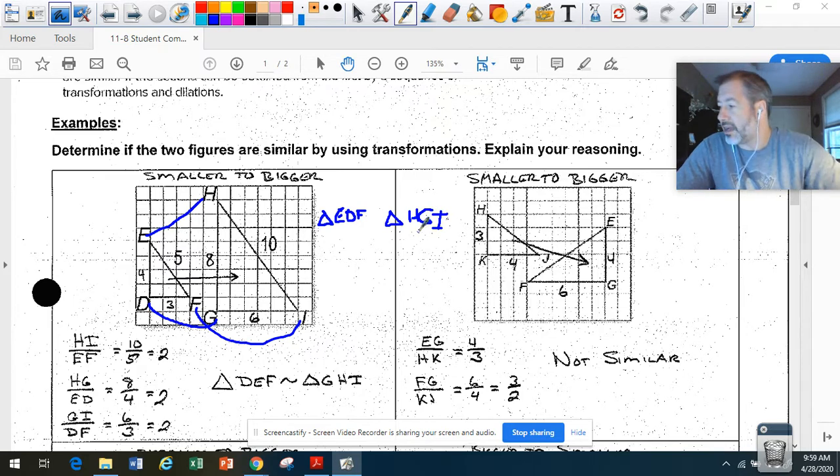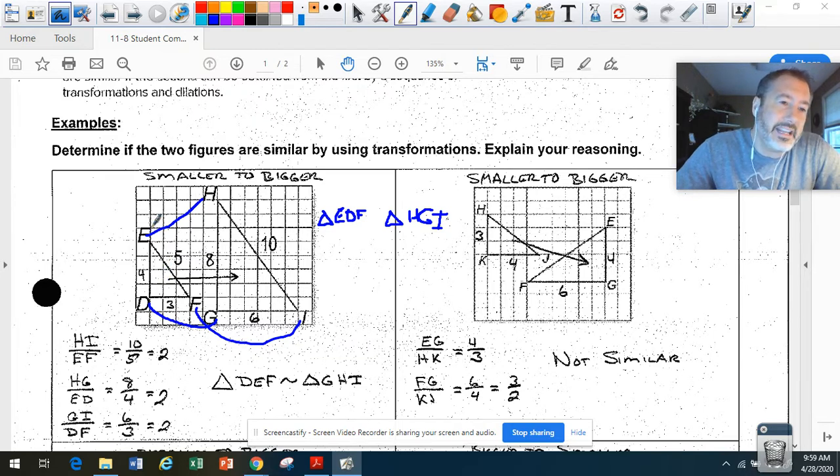So right now we've got E, D, F, and we're comparing it to H, G, I. We are moving it from E, D, F over to H, G, I. It looks like we are sliding it to the right. So this is a translation.